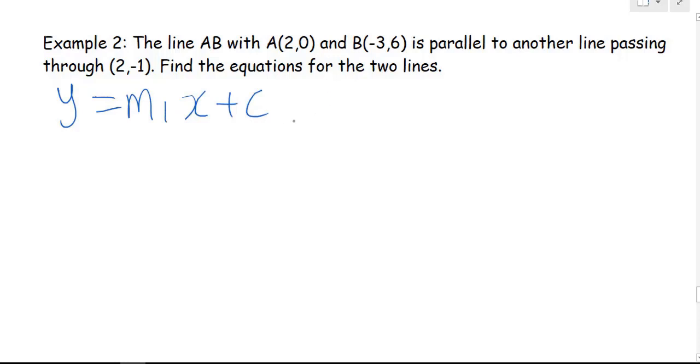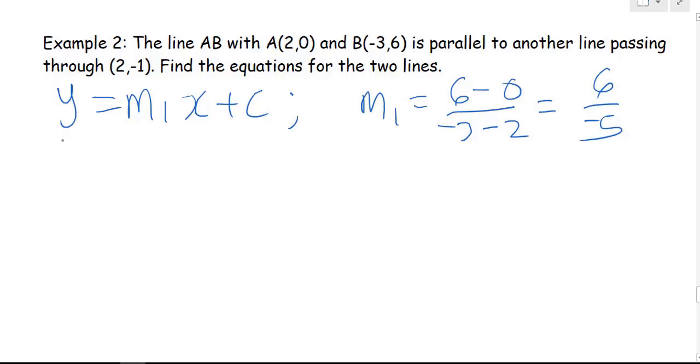We determine the value of m1, and we learn that m1 is equal to (6 - 0) over (-3 - 2), and this translates to 6 over -5. Therefore, our equation will be of the form y = 6/(-5) x + c.